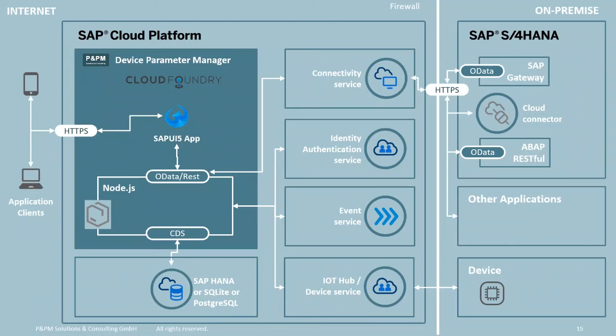It is based on Node.js. We could use SAP HANA or an SQLite database. The front end is based on UI5, and there are different integration scenarios, depending on your needs. So we can integrate to an SAP S/4HANA backend system or other applications, to your device management, to your IoT hub. Whatever is needed is possible there.